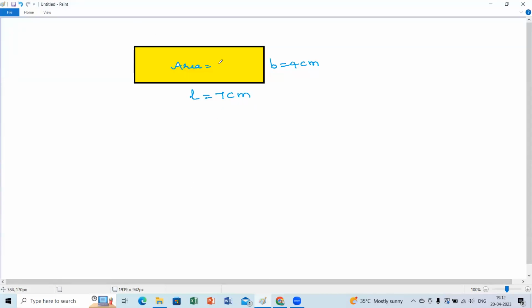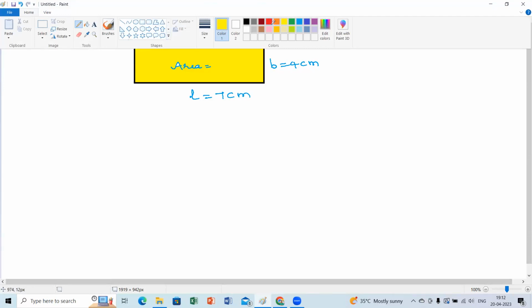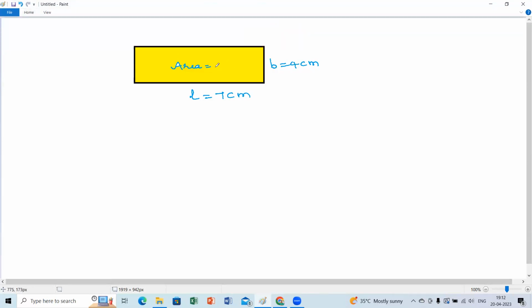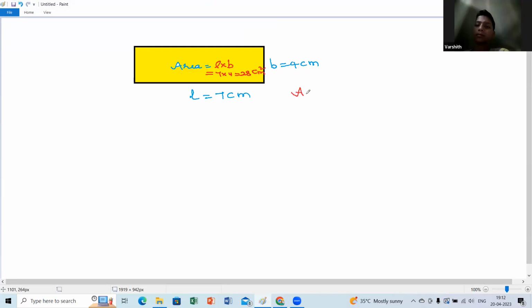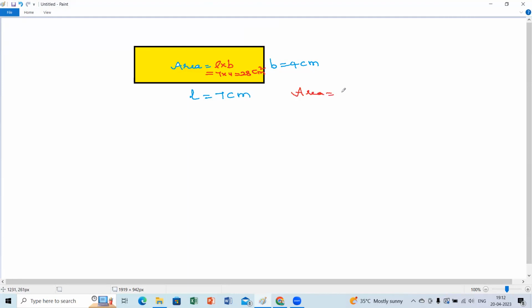Area is length multiplied with the breadth, which is 7 into 4, 7 4s are 28. 28 what? Centimeter square. Area is 28 centimeter square.